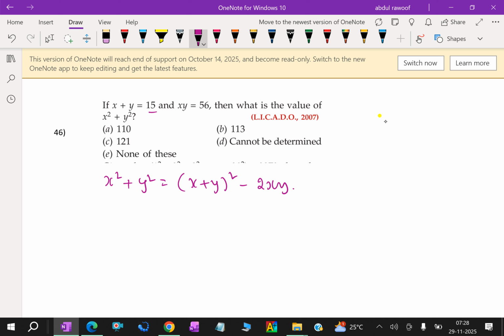If I expand this, x plus y whole square is x square plus y square plus 2xy, minus 2xy, cut that, x square plus y square. Now this is equal to 15 square minus 2 into xy is 56, which is equal to 225 minus 112. So it is equal to 113.